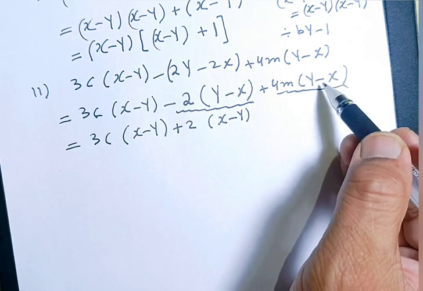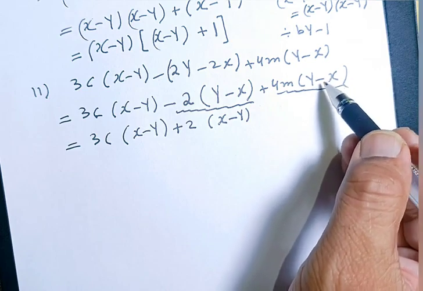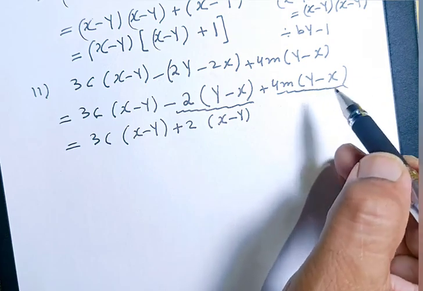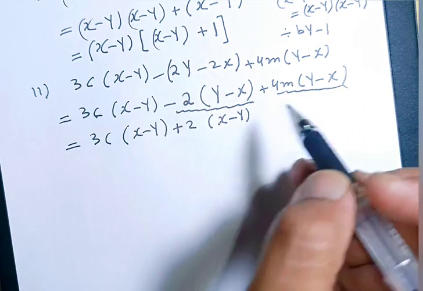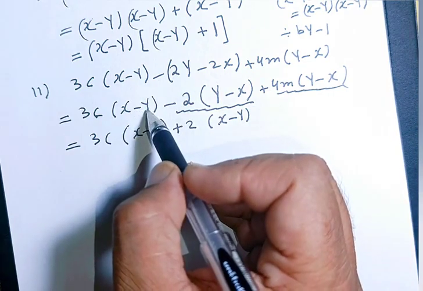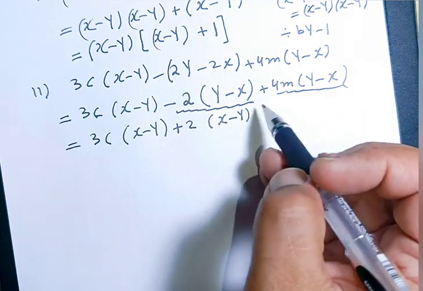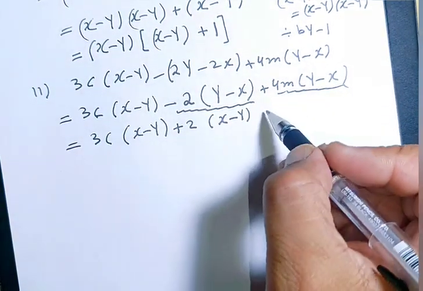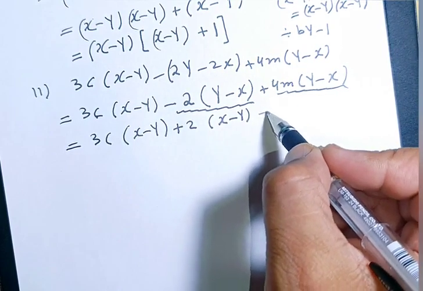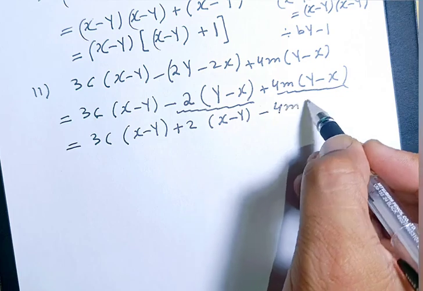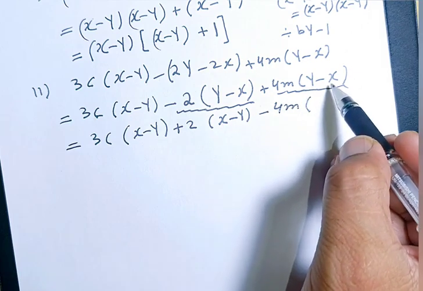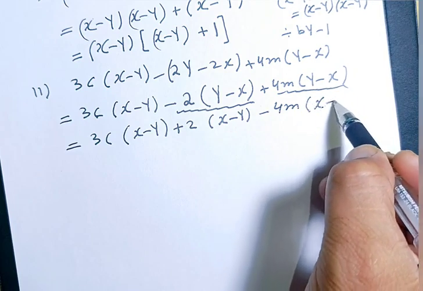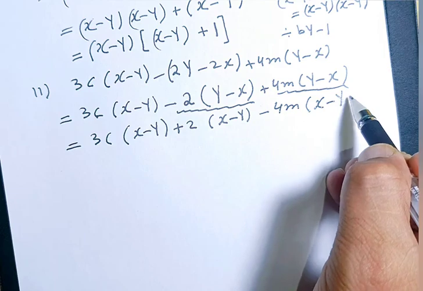But we have a negative now inside, so we have to divide by negative 1 in order to make like term like the x negative y, so that I can take out the common bracket. So dividing by negative 1, it becomes negative 4m, and this becomes negative y, and this becomes positive x. So the x I need on the left hand side, the negative y on the right hand side.